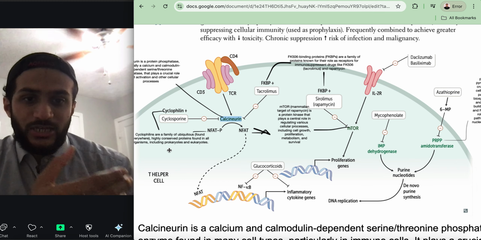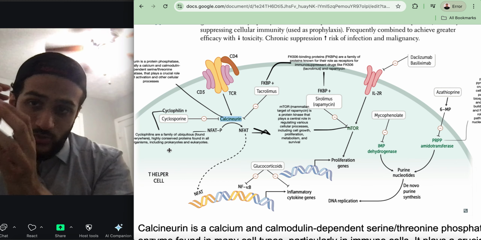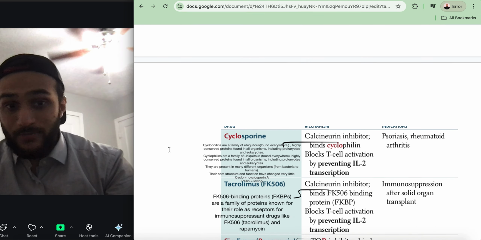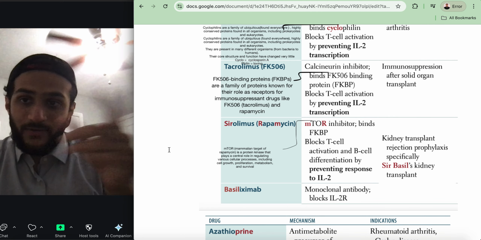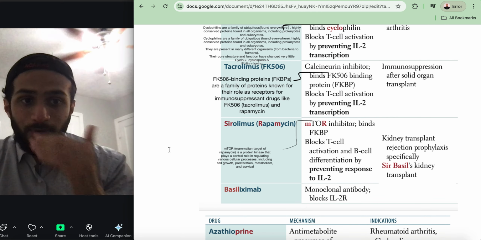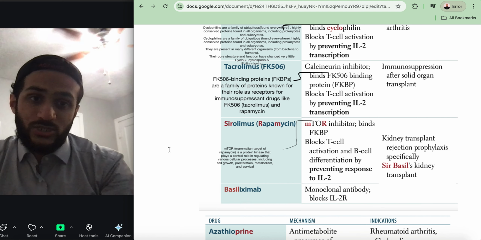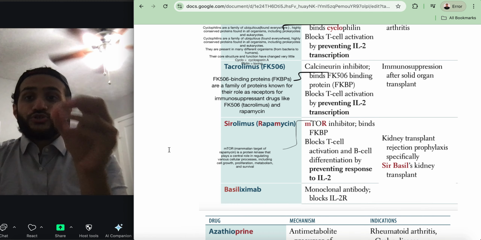It proliferates genes. So transcription basically means DNA transcribed into RNA, which then makes proteins. So it's an mTOR inhibitor essentially. Okay, it inhibits mTOR. It also binds to FK506 and blocks T cell activation over here and prevents interleukin 2. It blocks T cell interaction and B cell differentiation by preventing exposure to interleukin 2.